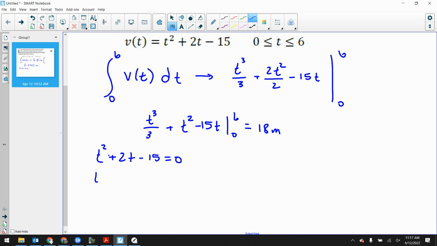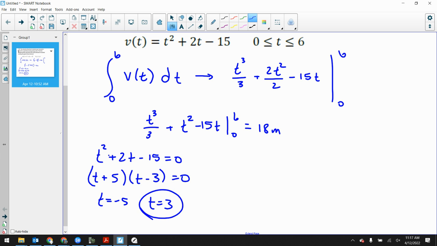Okay, so that's going to give me t plus 5 and t minus 3 equaling 0. So t equals negative 5 and t equals 3. I know at time negative 5 and at time 3, my velocity is 0, which means I'm going to have a possible change in direction. All right. So it looks like the only possible one I'm going to be looking at here is 3.